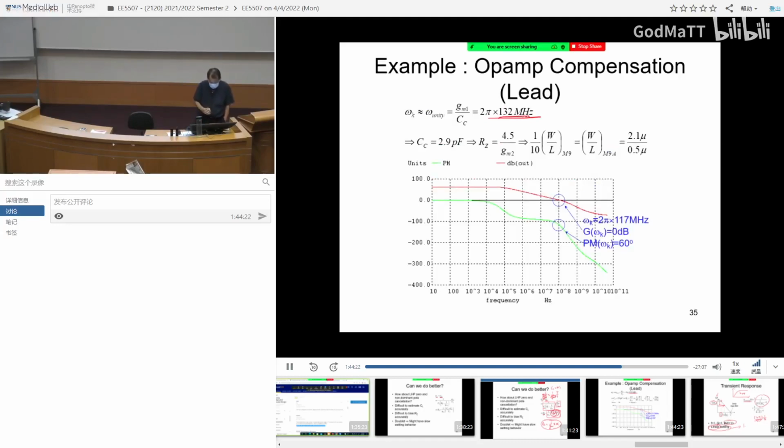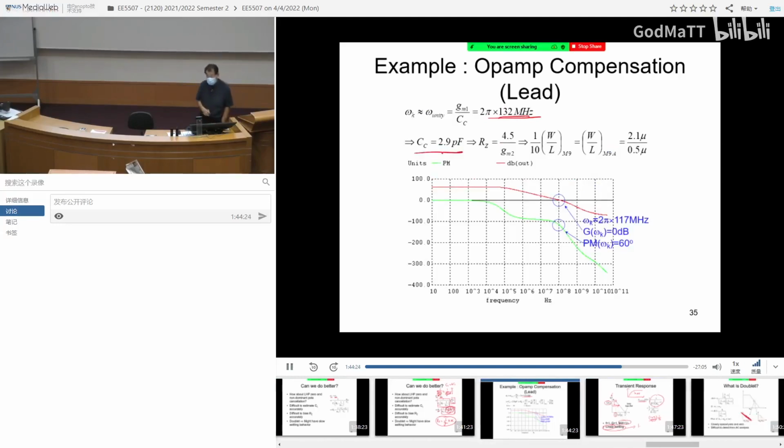So by doing that, you can see the required CC is also very small, only 2.9 pico. So if you update the whole design, now the ratio becomes 4.5 over GM2. Okay? And with the new simulation, you get exactly 60 degrees. The frequency now becomes 117 megahertz.